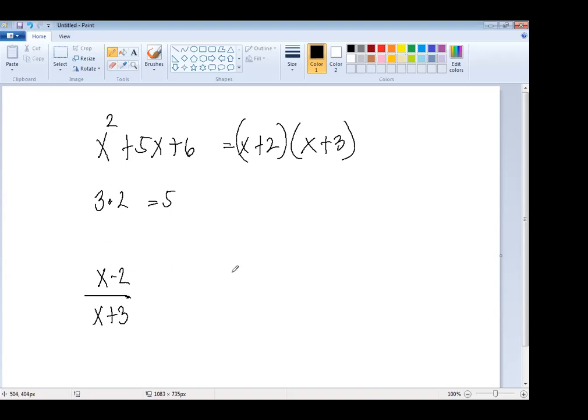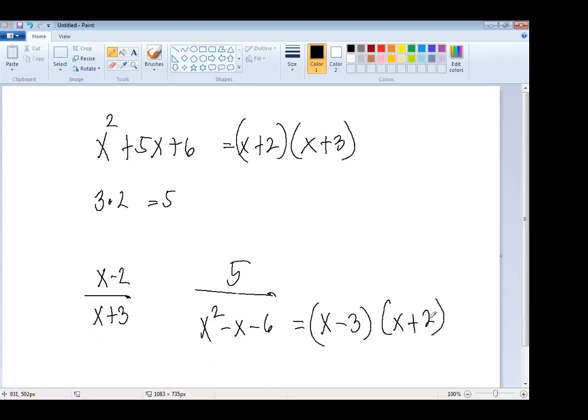Another one, for example, we have 5 over x squared minus x minus 6. Here, if you factor the denominator, it will give us x minus 3 and x plus 2.